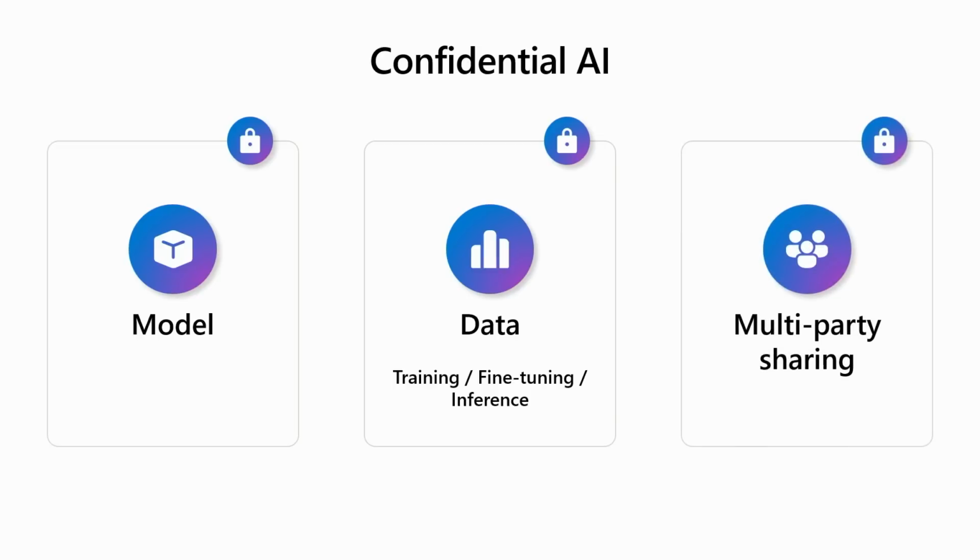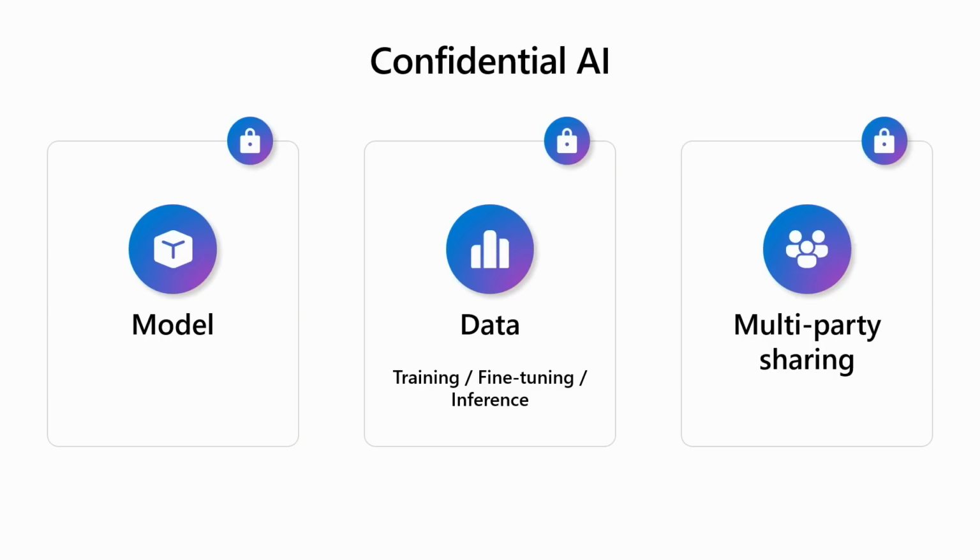And then finally, a really exciting scenario is confidential multi-party sharing. Different parties get together and share their data, but without each of them being able to see the other's data, because they're sharing it really with the AI model and the GPU, not with each other.